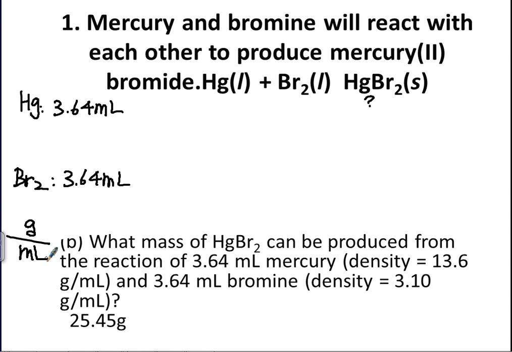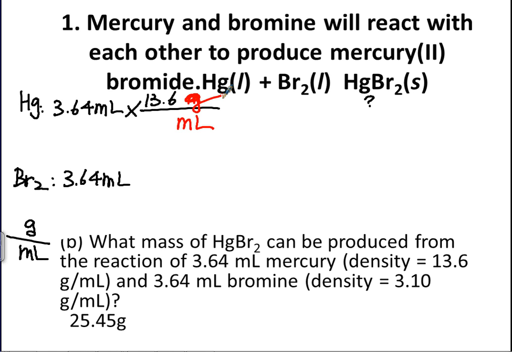I need to convert this number to moles. So what do this and moles have in common? Grams. So I need to get this into grams, so that I can use the grams to go to moles. If I have milliliters here, I'm just going to multiply by the density, which is 13.6 grams per milliliter.